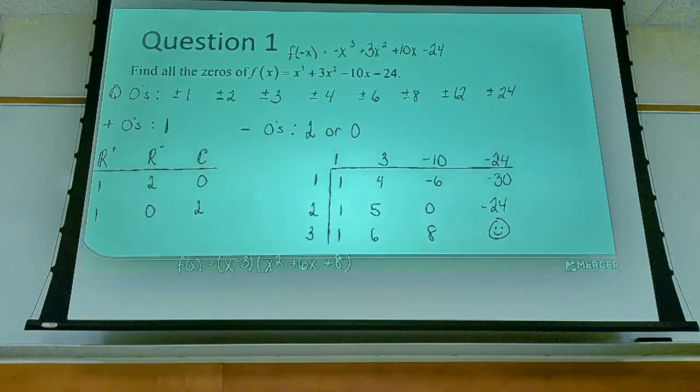That can be factored. X plus 2 times x plus 4. You've completely factored your polynomial now. Those are all of your zeros. 3, negative 2, negative 4.